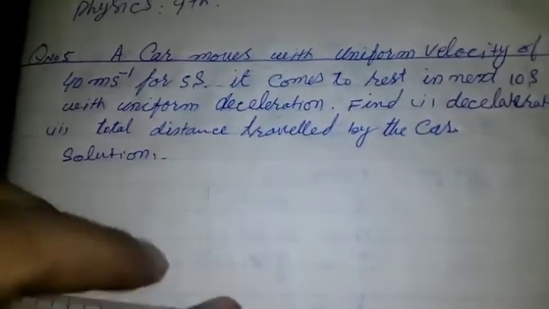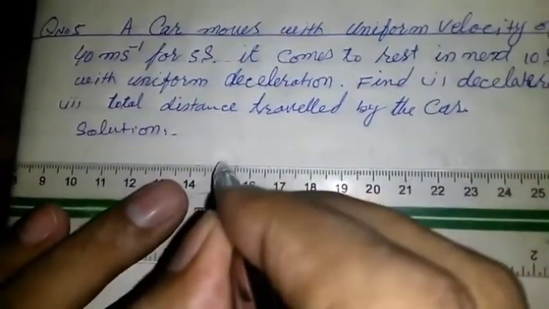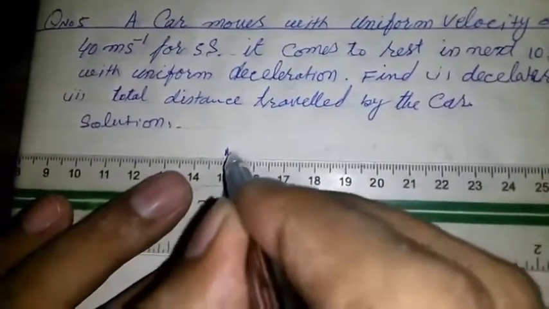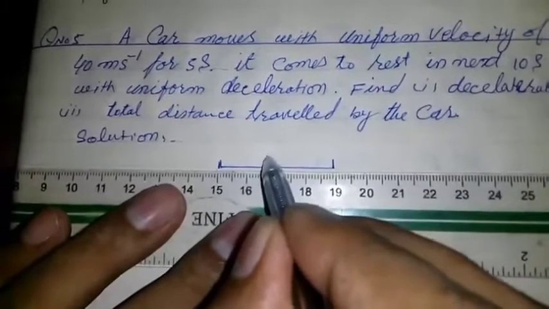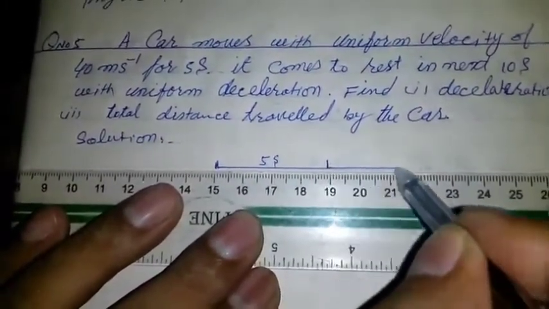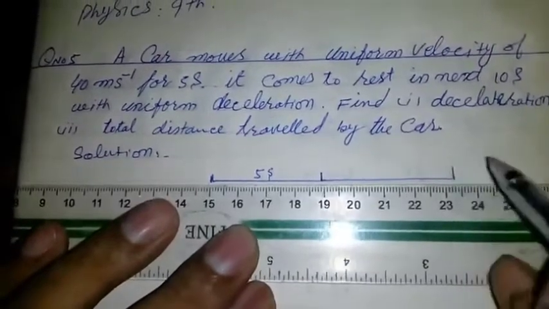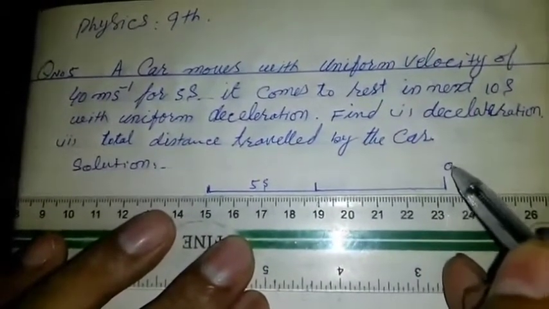Now please consider this figure. The car starts from here and moves up to here in 5 seconds. Then a brake is applied and it stops here, and here its final velocity becomes 0.